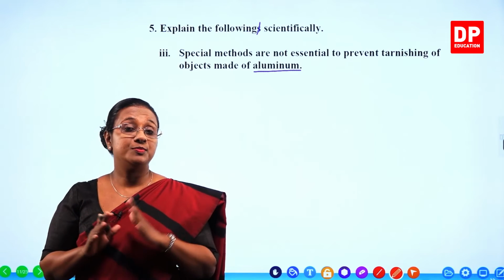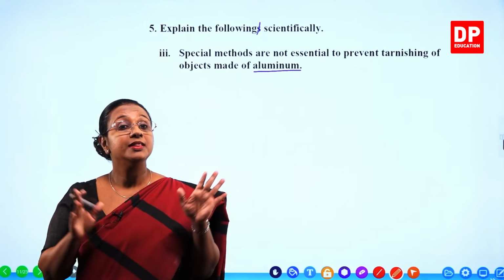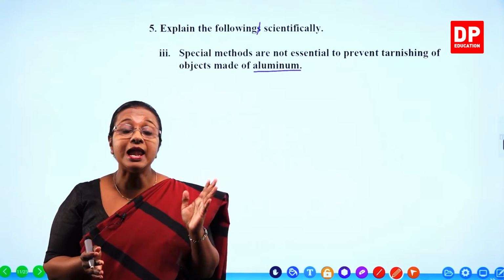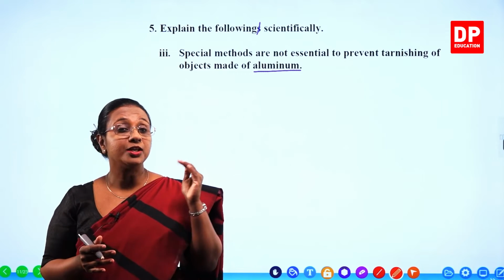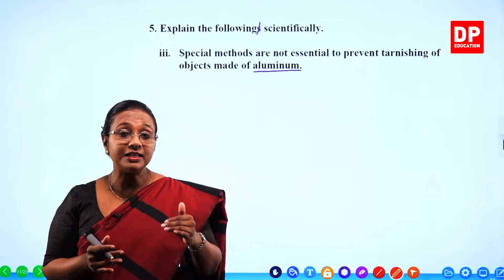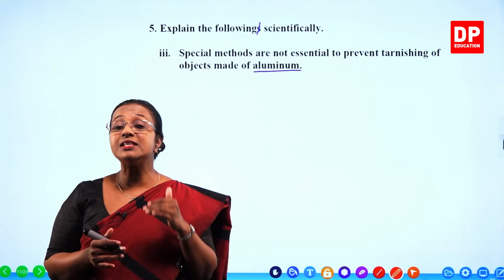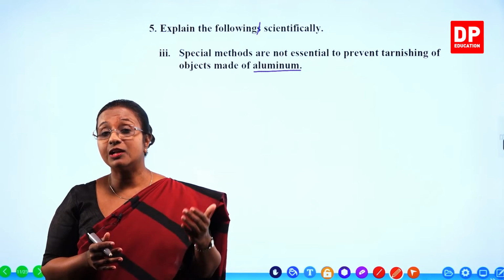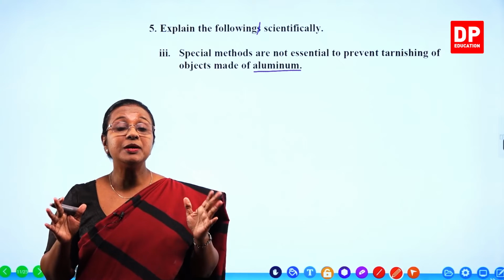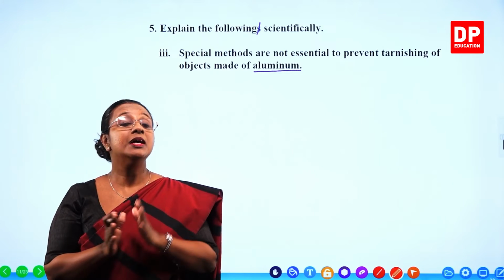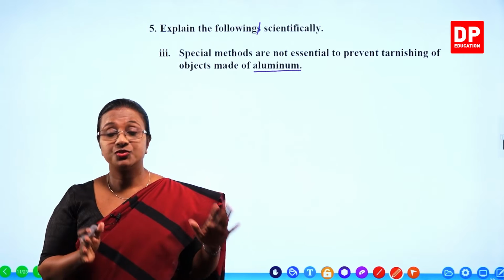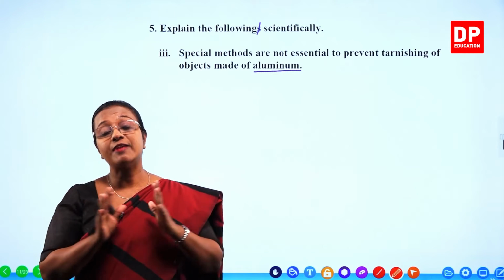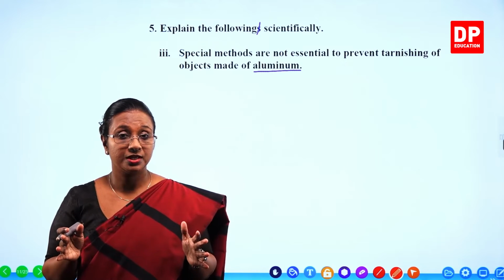But most of the objects that we use at home are not just aluminium metal. There are some alloys of aluminium, where, as you know, another metal or another element is mixed with the metal aluminium. This particular alloy of aluminium does not tarnish. So that is why usually for years the shine of aluminium is not lost.